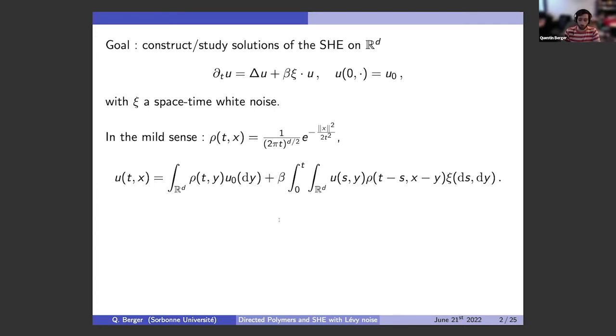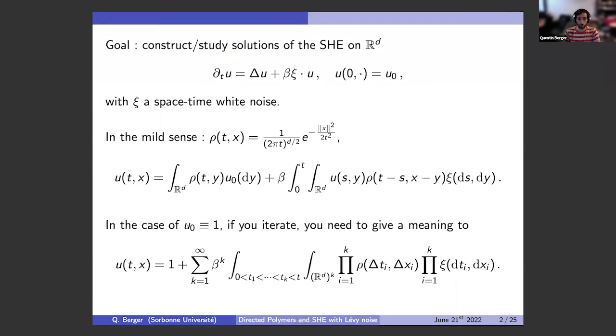What you could do is, for instance, take u_0 equal to 1, so you start with a flat initial condition, and you iterate the equation above. The first term will give you just 1, because you integrate the heat kernel over space. Then you have this integral of the solution you have times the heat kernel, and you can plug in again the fact that this solution is 1 plus beta times the integral, etc., and you iterate that.